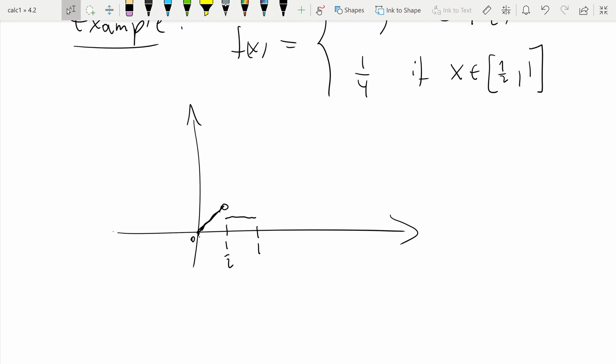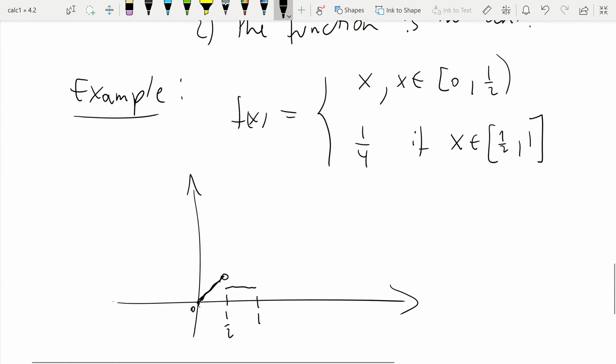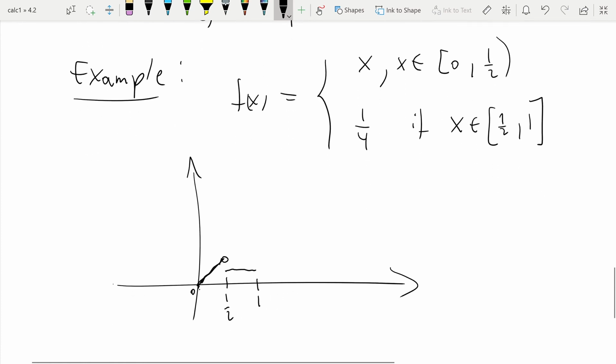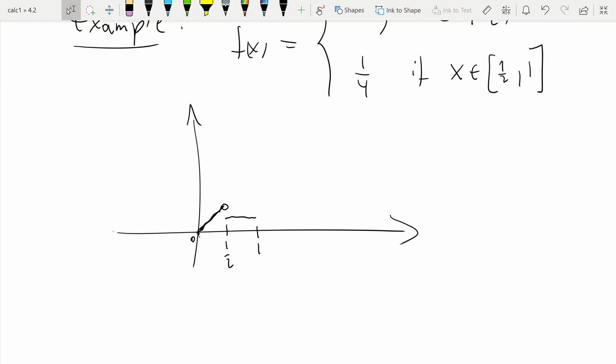So this doesn't have any maximum value, because you can find points that are arbitrarily close to 1/2, for which f of x is arbitrarily close to 1/2. For any value of x between 1/2 and 1, the value of f is 1/4, so that cannot be the maximum. But you can always find points that are very close to 1/2 but smaller than 1/2.